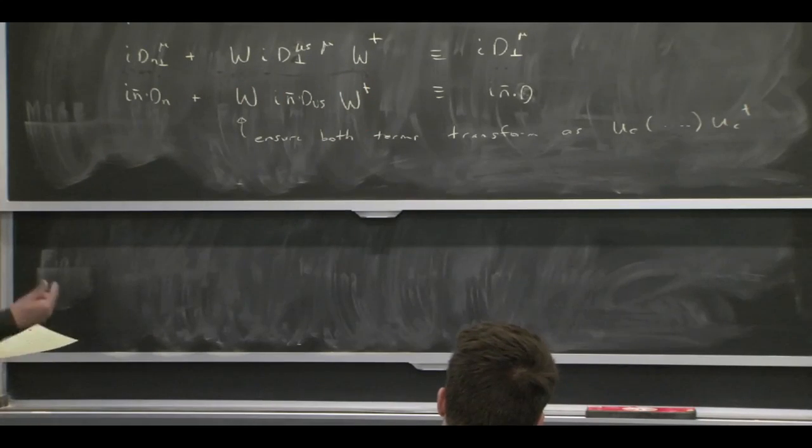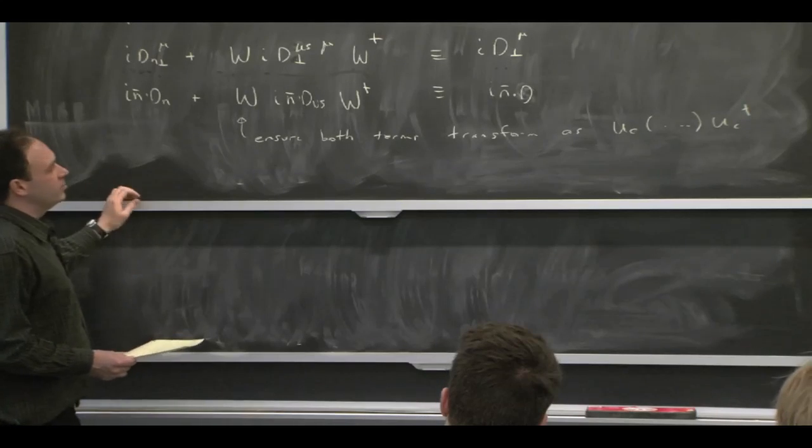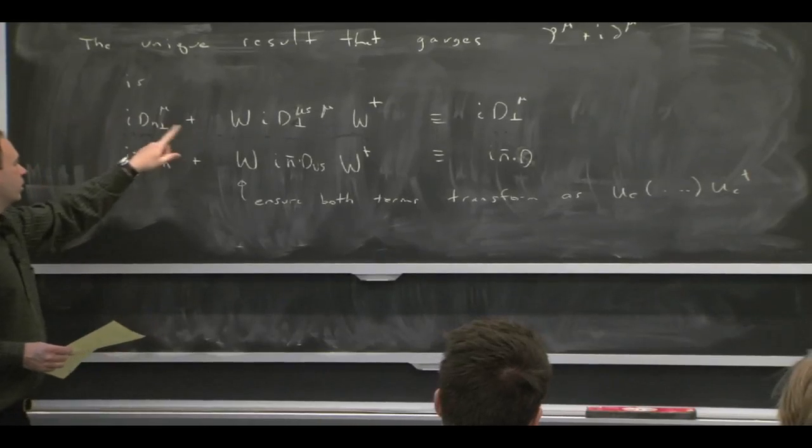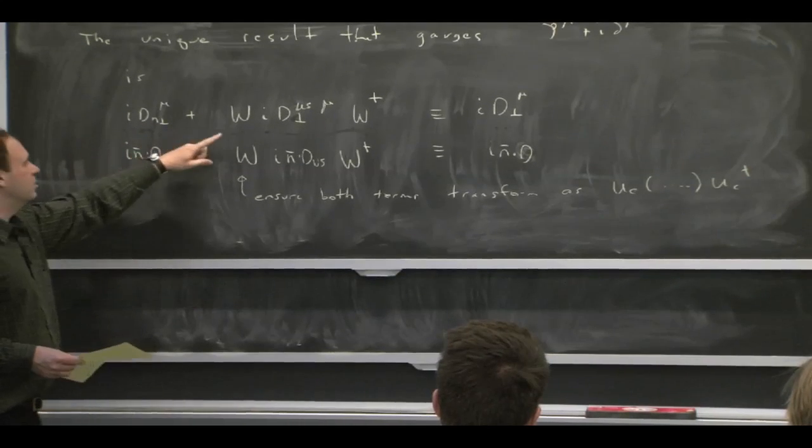And we know that it is going to be there because of reparameterization symmetry, which was connecting the derivatives, and therefore connects these two. And once we put in gauge symmetry, then this is the form.